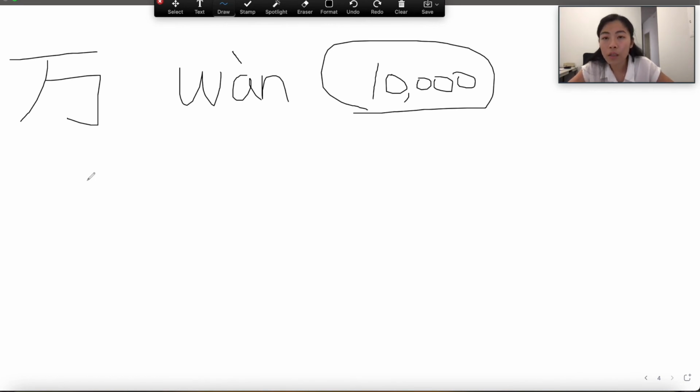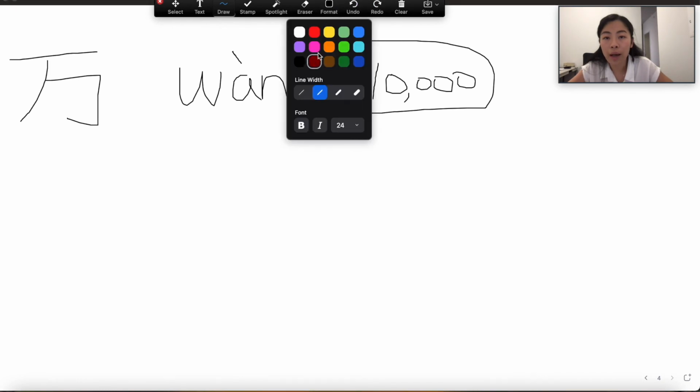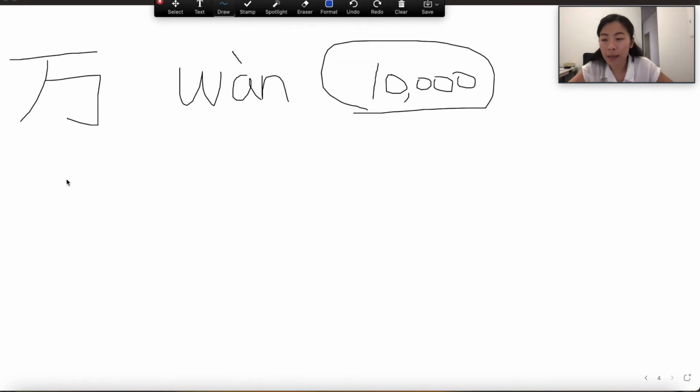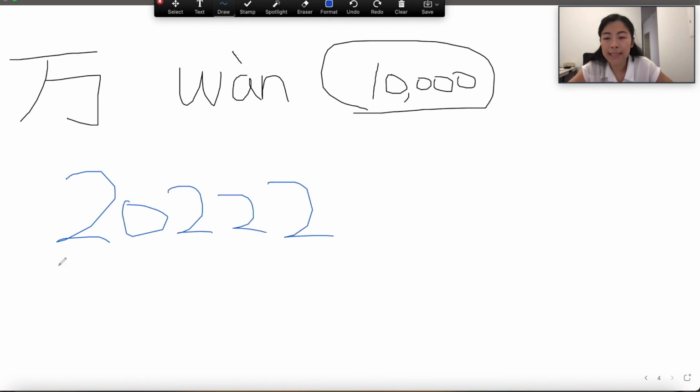First of all, let's try some of the examples that I think are a little tricky. For example, this number will be pronounced as 两万零二百二十二.